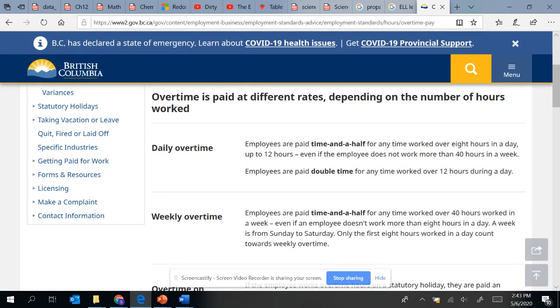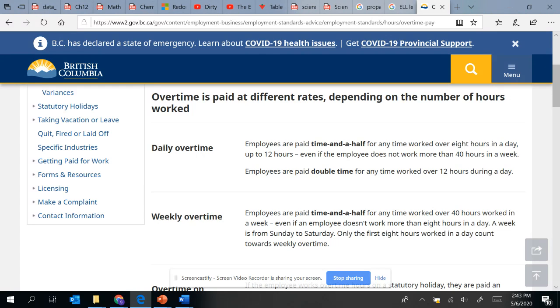If we go down to daily overtime hours, it's all the same stuff. If an employee does not work more than 40 hours a week, employees are paid time and a half for any time worked over 8 hours, up to 12. So that's time and a half, just like we talked about. Double time if it's over 12.